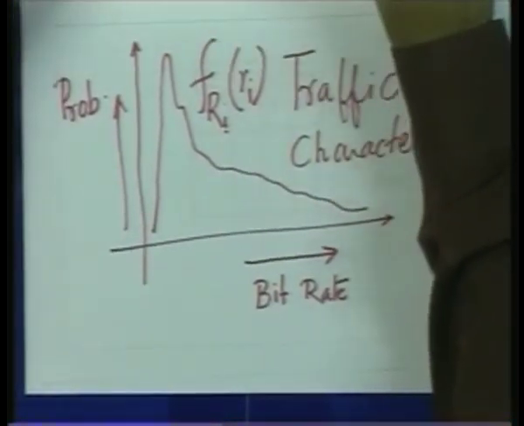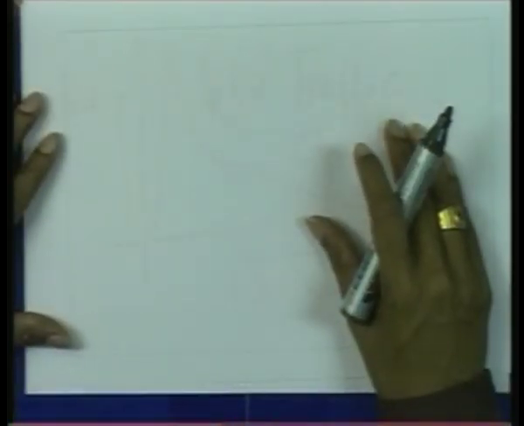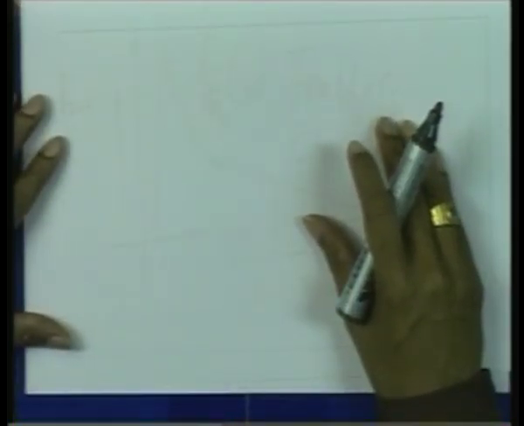Now, whenever we have to give quality of service guarantees, we have to consider some kind of admission control. Let us consider a hypothetical situation, which would not be there in practice, where each user knows his probability density function.